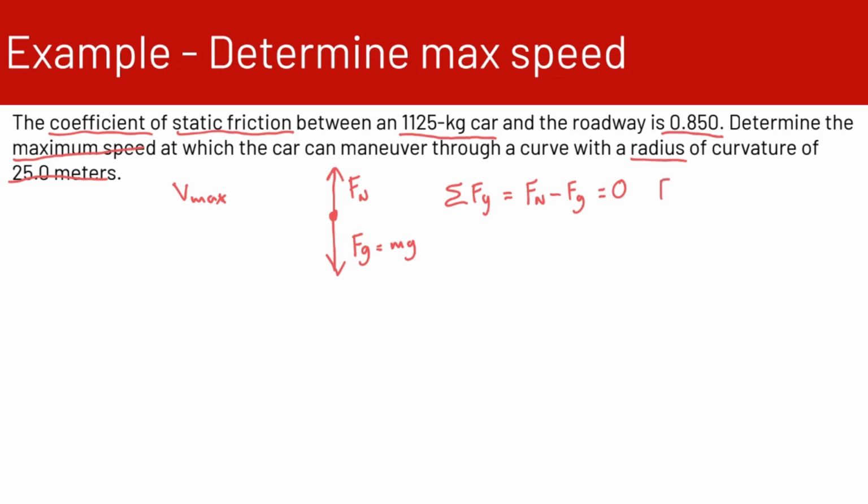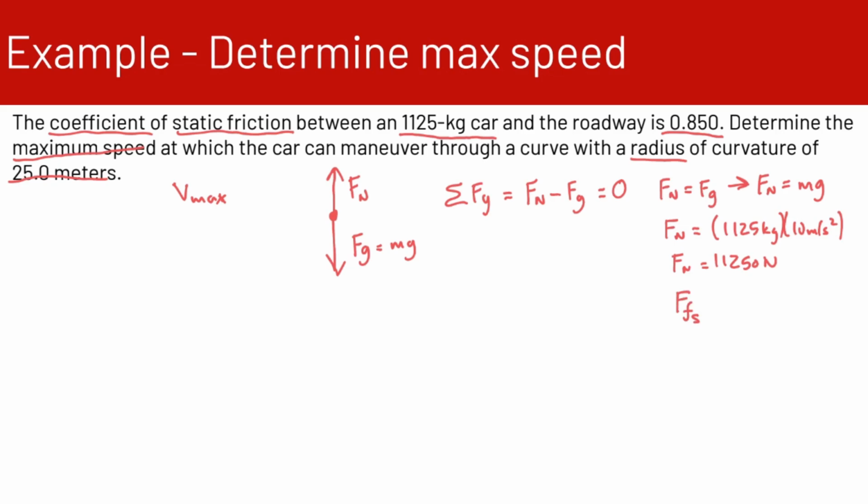So Fn is equal to Fg, which is m times g. So Fn is equal to 1,125 kilograms times 10 meters per second squared. So the normal force is 11,250 newtons.